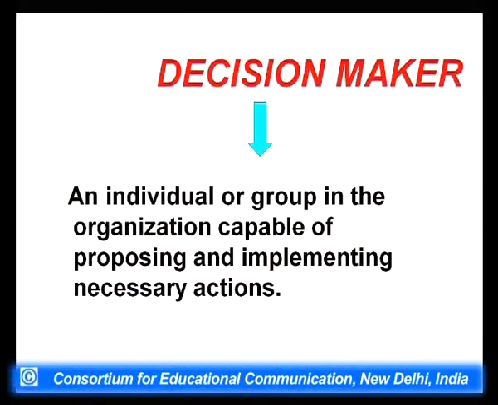Who is a decision maker? An individual or group in the organization capable of proposing and implementing necessary actions, and these actions will lead to the solution of the problem. This person is called the decision maker. The decision maker can be the topmost person in the company, the head of the department, or the individual who is facing the problem.